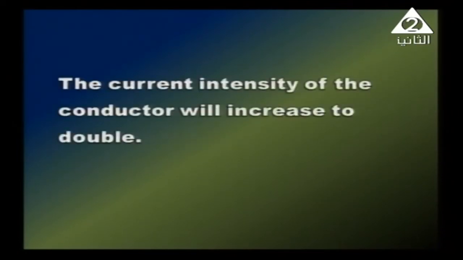In this case, the electric current intensity will increase to double its value, as the electric current intensity is directly proportional to the quantity of electric charges passed through this conductor.